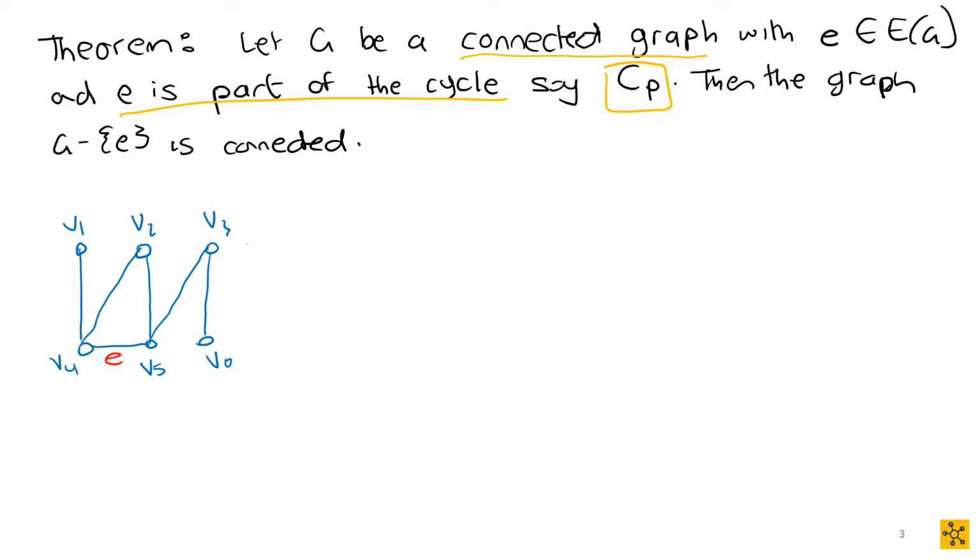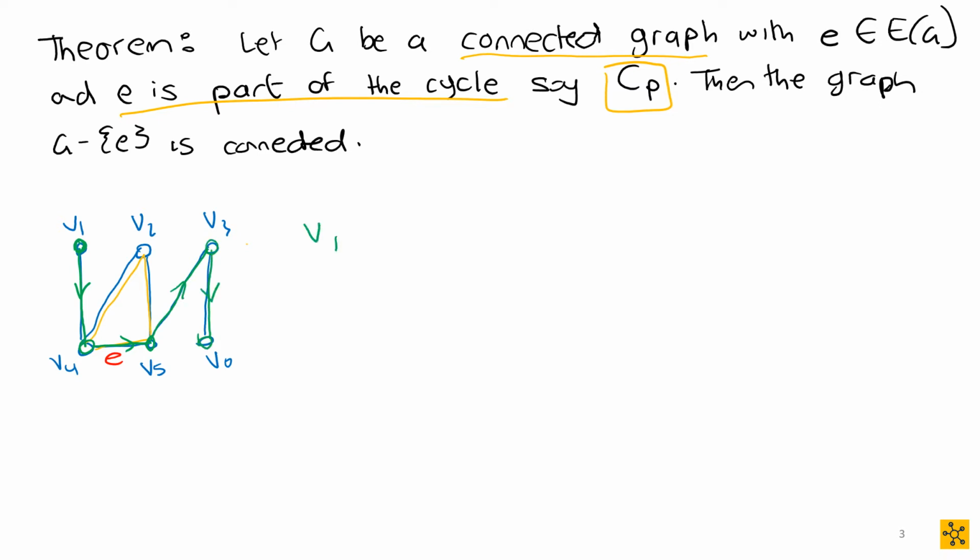Okay, so there we have an example, and I've created just one cycle situation happening here just to keep things easy. So there we have a cycle, and our edge is part of the cycle. So now let's do a walk from V1 to V6. So we have V1 to V4, V4 to V5, V5 to V3, V3 to V6. So that's our walk.